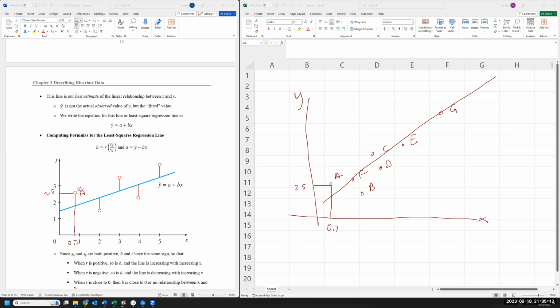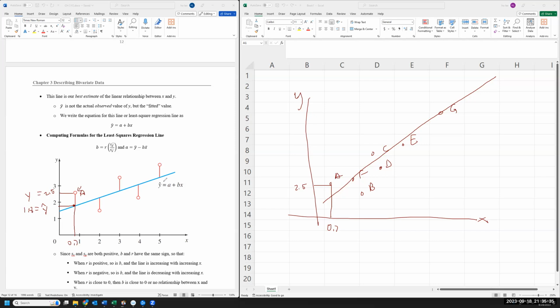So this is our y right here. This is equal to y. But what we're going to do is create a line, this blue line, and y hat is right there. So it's a little below 2, above 1. What is that, like 1.8?